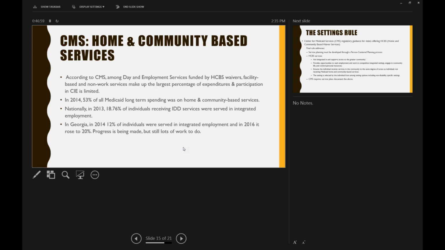So we just keep moving along, but we're still not where we need to be as far as getting people in integrated employment. In Georgia, in 2014, only 12% of individuals were served in an integrated employment setting. Fortunately, in 2016, it rose to 20%. Progress is being made, but we still have a lot of work to do.